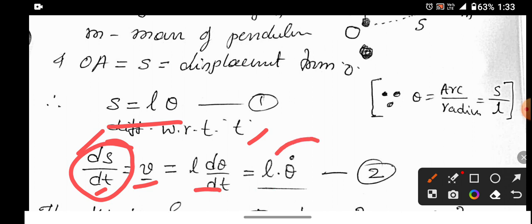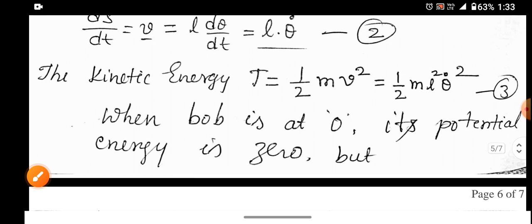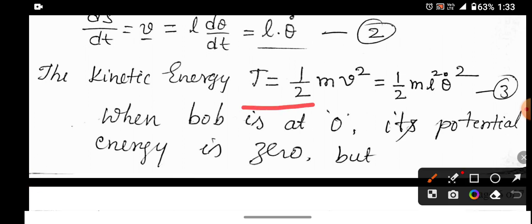So, V is equal to L theta dot. We know the kinetic energy formula T is equal to half mv square. Put the value of V, so that is half m L square theta dot square, let it be equation 3.